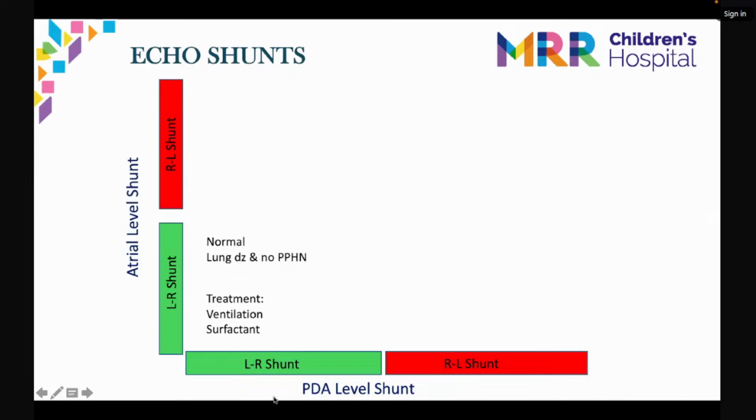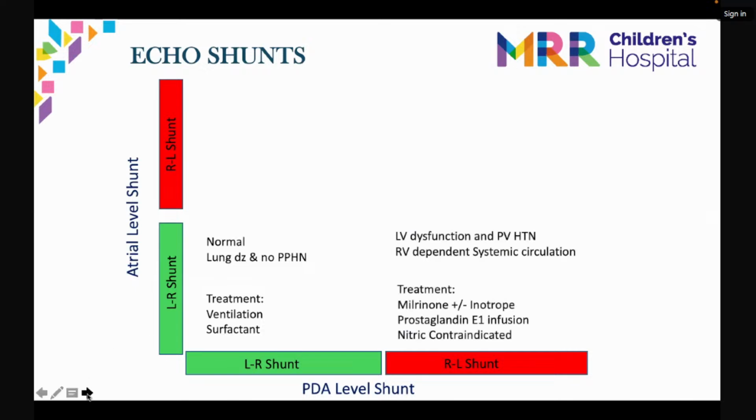So if you have a left to right shunt, this is most likely if you're at the atrial level, you have a left to right shunt. This is usually because of a primary parenchymal lung disease, might not have PPHN. So the treatment is ventilation and lung recruitment, using surfactant if required. If you have LV dysfunction causing pulmonary venous hypertension and an atrial level shunt, then this is usually an RV dependent systemic circulation.